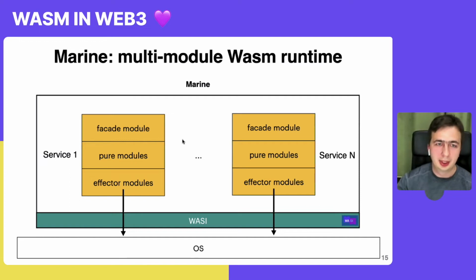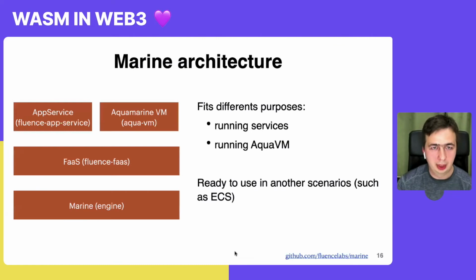Each module belongs to only one service. And here you can see also that through WASI, effector modules could access the operating system, call external binaries, and so on. Marine has a so-called layered architecture. We have 3 layers to fit different purposes.